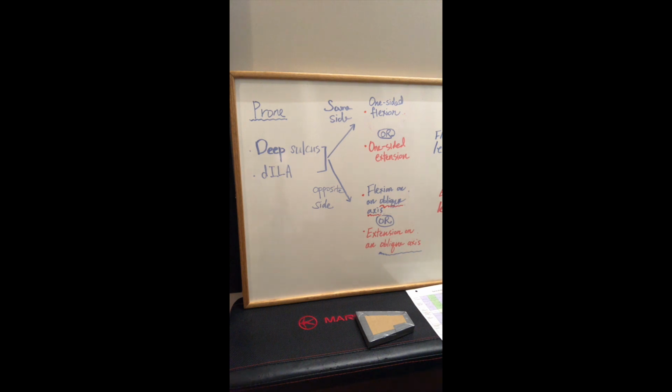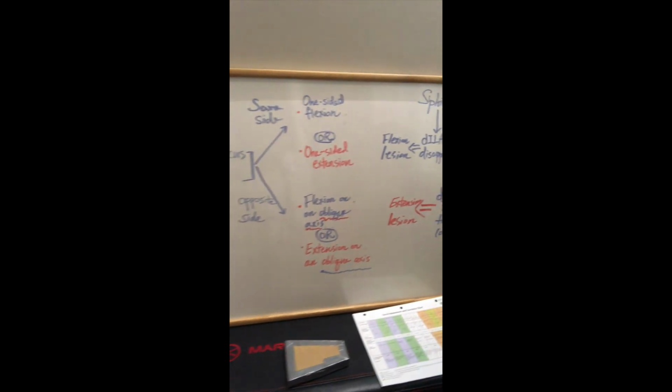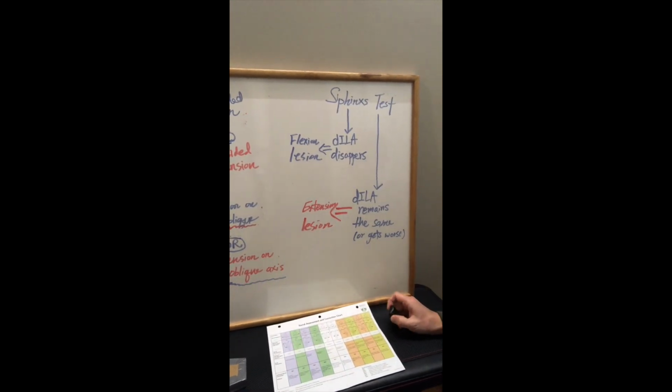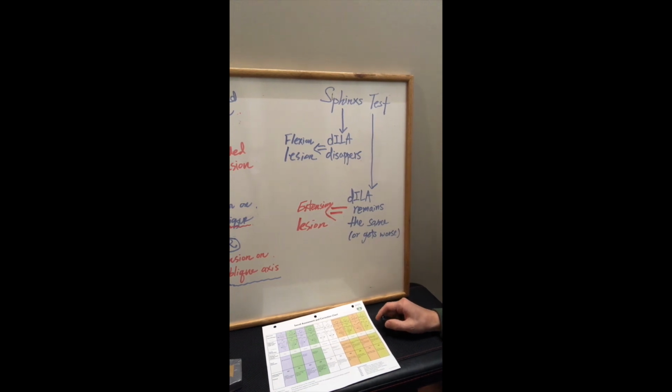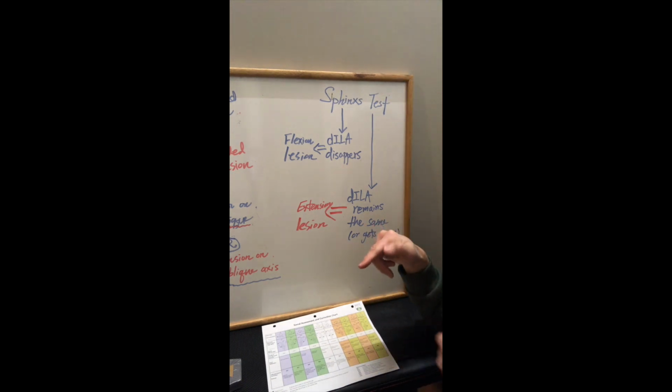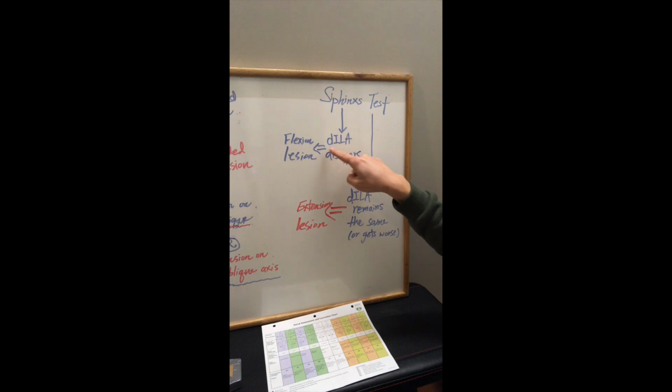Now for that, we do the Sphinx test, right? So what we look at during the Sphinx test is this. As a result of the Sphinx position, whether the DILA disappears, or the DILA remains the same or gets worse.